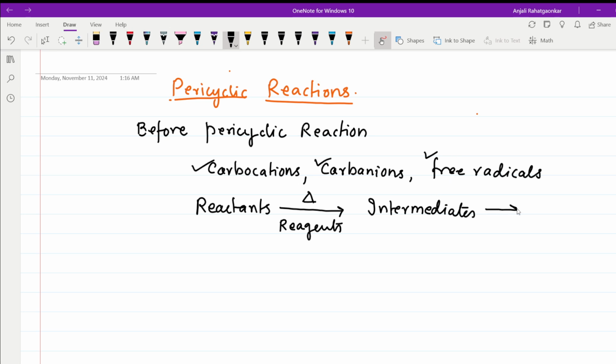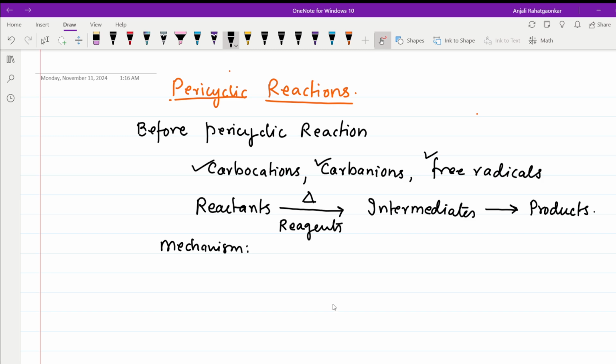Via the formation of intermediates we then achieve the formation of products, and this involves various steps in the mechanism, the initiation, propagation and termination of the reaction.